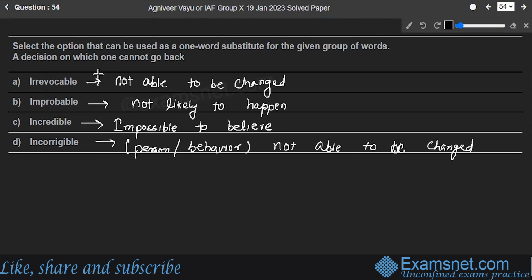So a decision on which one cannot go back is irrevocable, because sometimes we say that the decision taken by the government is irrevocable, or the decision taken by the judge is irrevocable. That means it cannot be converted back to what it was before. Option A is the correct answer.